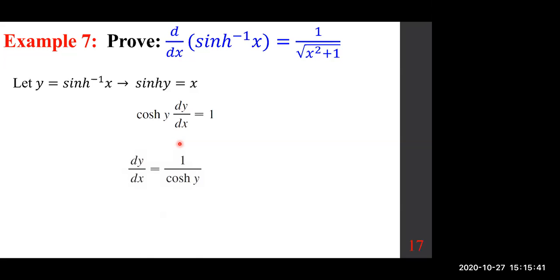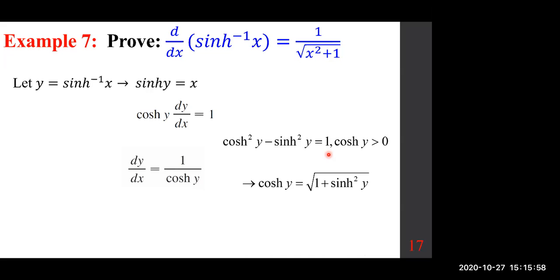All you have to do is figure out what's cosh, and you remember that cosh squared minus sinh squared equals 1. Remember, cosh squared minus sinh squared equals 1. Okay, so what is cosh? You take this one to the other side and you take a root. So cosh y is equal to the square root of 1 plus sinh squared y.